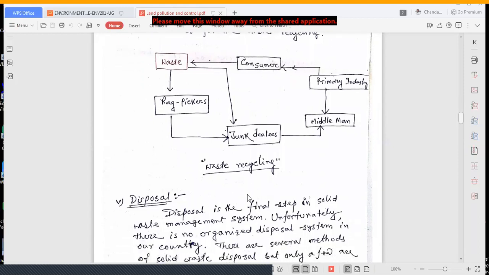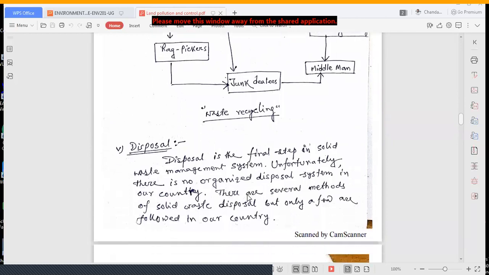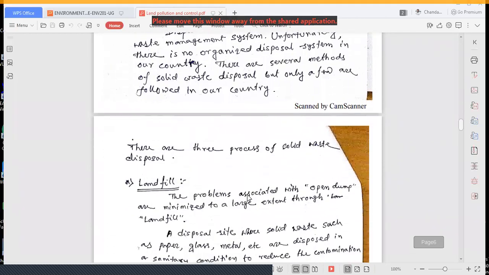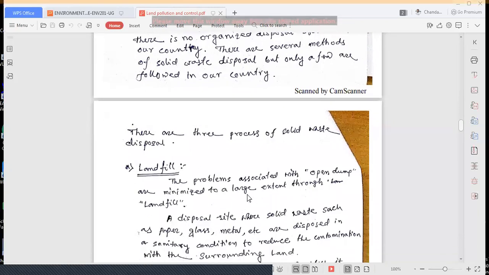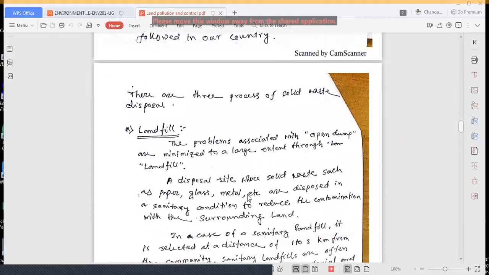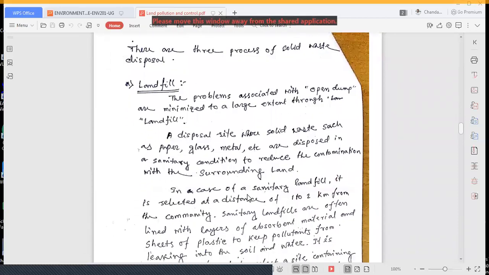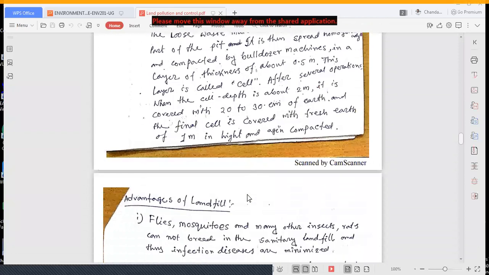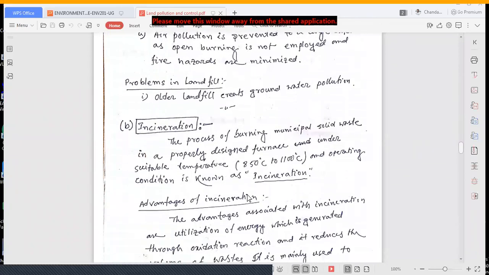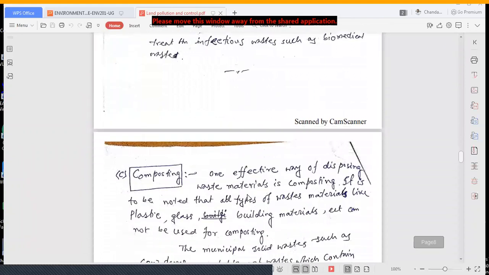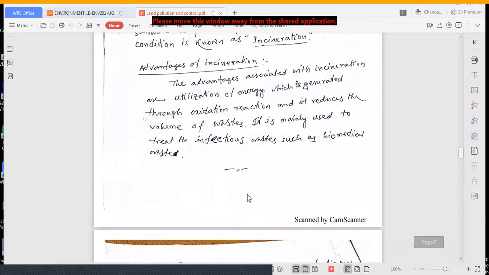Number five, disposal procedure. In our country, there are three processes for solid waste disposal. Number one, landfill. Number two, incineration, and number three, composting.